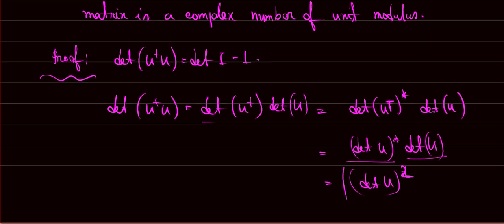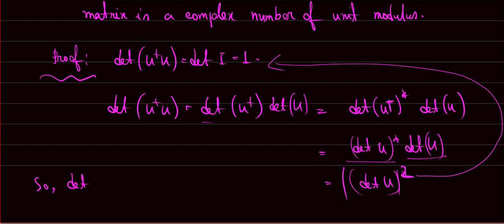So the modulus of the determinant squared is equal to 1. So what does it tell us? It tells us that the determinant of my unitary matrix is a complex number of unit modulus.